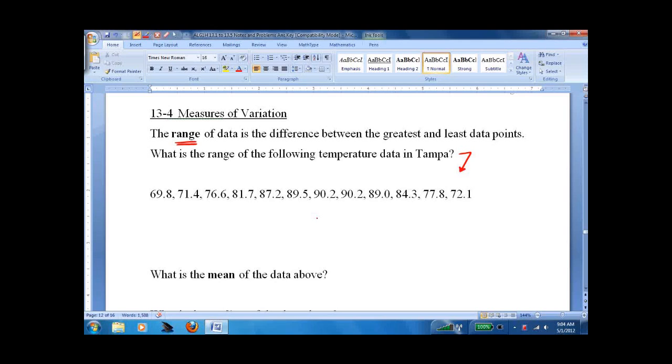Well, I can just look at it and figure out the range, but the first thing we want to do when we're confronted with data is put it in order. And I would always put it in a spreadsheet if I had the chance, but for our purposes, I'll just write it down. This is a good way to do it, is cross out the data whenever you've put it in so you don't accidentally repeat.